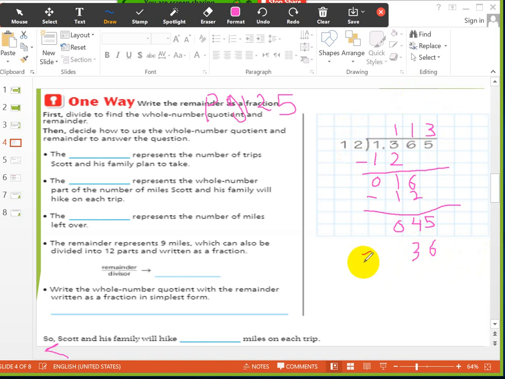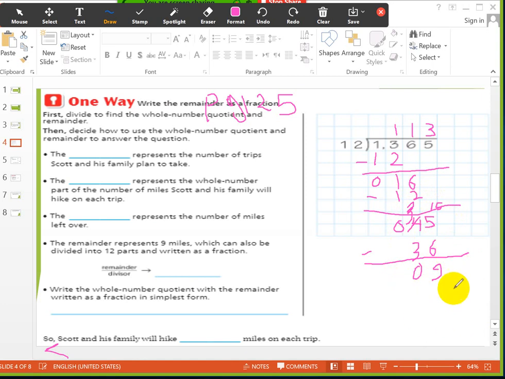Okay? 5 minus 6, I have to borrow from the 4, it will be 3. And this one will be 15. 15 minus 6 equals what? Equals 9. And 3 minus 3 equals 0.